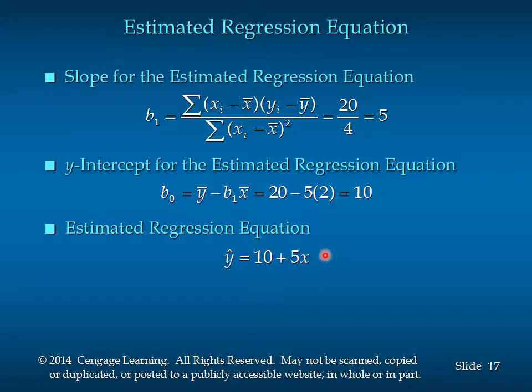This is equally powerful, because you can say, if I want to have 10 sales, 20 sales, or 30 sales, all I have to do is plug in the number of ads, and out comes the outcome variable.